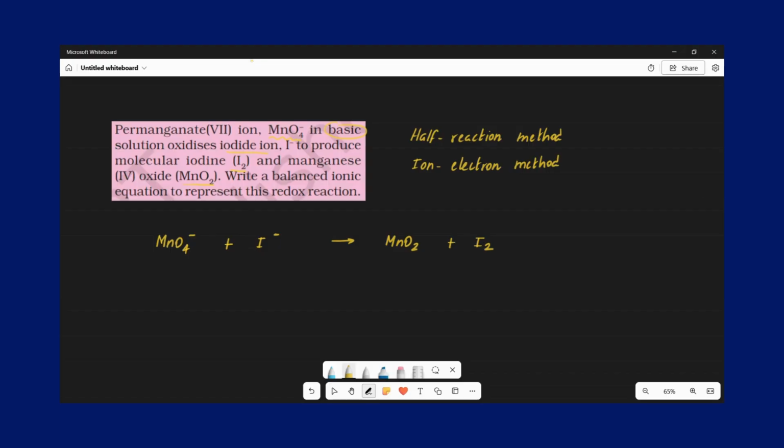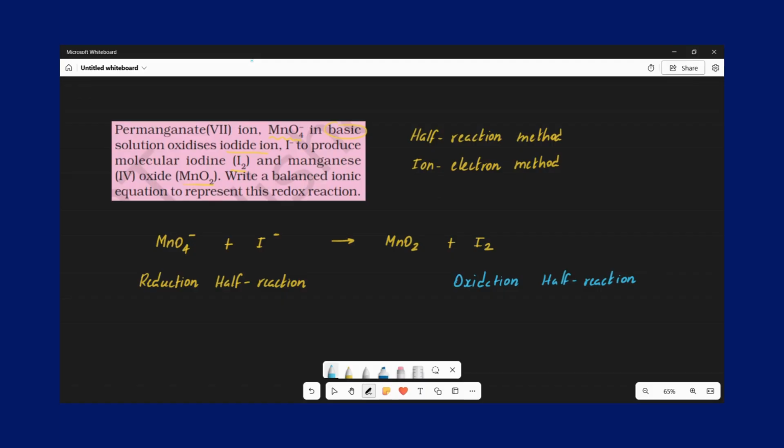If I want to break this into two different equations, one is the reduction half reaction, and the other is the oxidation half reaction. For that I need to know who gets reduced and who is getting oxidized in this reaction.